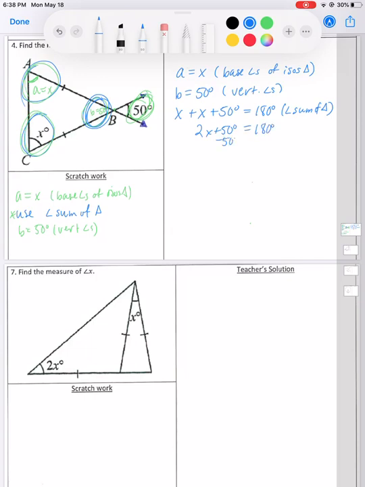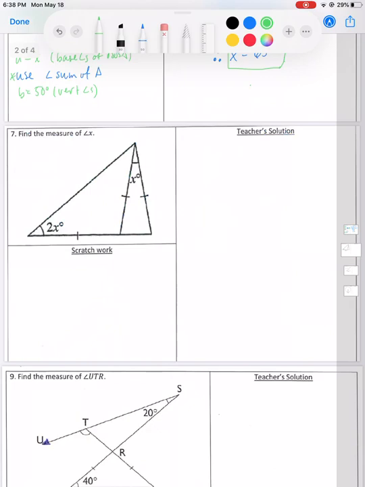Subtract 50 degrees from both sides, and we have 2x is equal to 130 degrees. When we divide that by 2, we get that x is equal to 65 degrees each. That is the angle measure I'm looking for, so I will put therefore, and I'll box my answer. And there we have the solution to this problem.